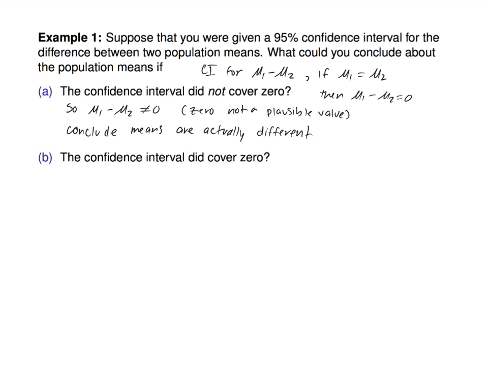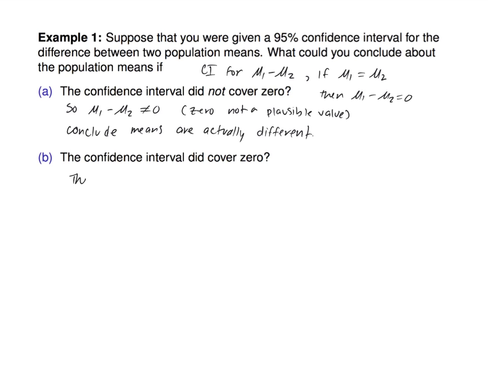Do you buy that? If you found your mean height of Dutch people minus mean height of Japanese people and found a confidence interval and 0 is not in there, you're going to conclude that probably it is the case that these heights are different. You could maybe even conclude it one way, that Dutch people are taller than Japanese people. Okay, what if the confidence interval did cover 0?